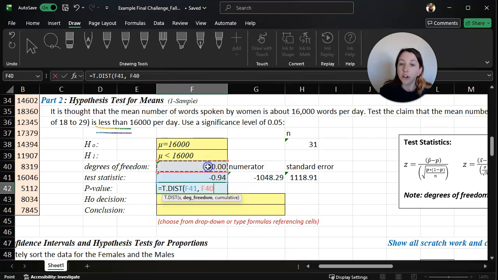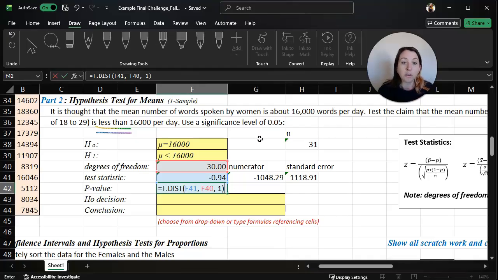Okay, so we have that. And then we have 30 as our degrees of freedom. For that, you could just type it because that is exact, but I will click on it because I think it's good to train ourselves to reference other cells in Excel. Here you will put 1. Cumulative really is saying you're adding up all the area to the left of that value.